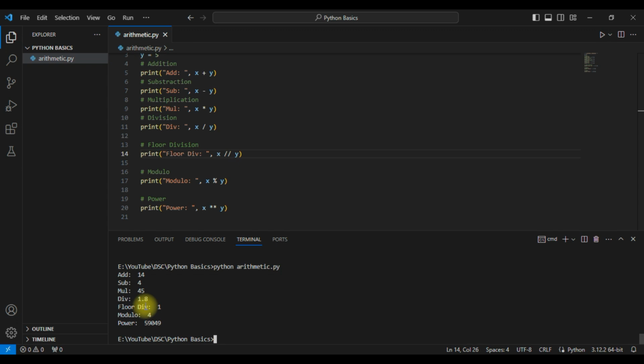It omits the remainder. So when you divide 9 by 5, it's 1 whole number and a fraction of 4 over 5, so it omits the remainder, which is 4. It takes the whole number. When you go to modulo, it takes the remainder. It always outputs the remainder, and then the power is just like I explained. And that's all for arithmetic operations.